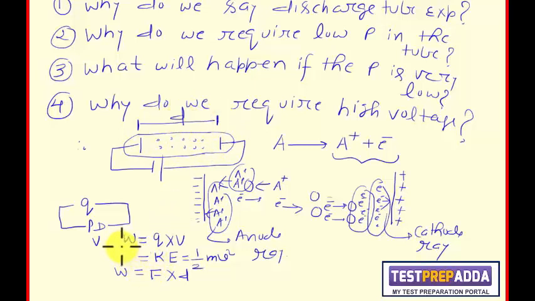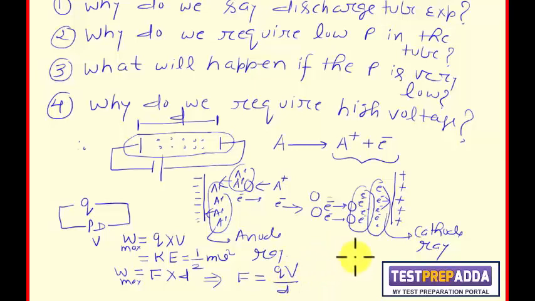So the maximum work done possible is q into v, and it can be written as F into d. So this way we can find the force applied by the battery on the charged particle, and that is nothing but q into v upon d. Q is the charge, V is the potential difference, and d is the length of the tube.